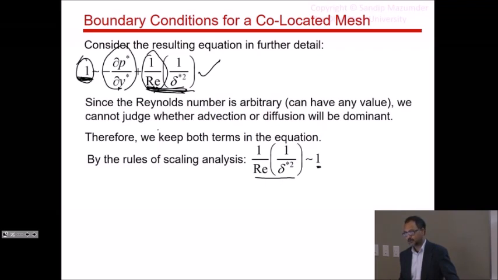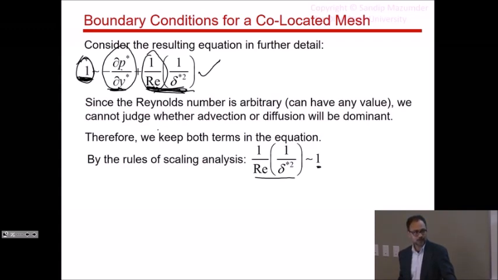By the rules of order of magnitude analysis, this term and that term must be comparable, otherwise they wouldn't exist in the same equation. And we don't know anything about the pressure gradient, so for safety reasons, let's just say it's there. So we're saying this and that are comparable, and both of these terms must be of order 1, otherwise we should throw them away.